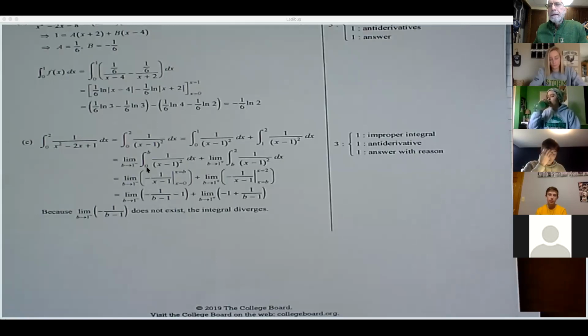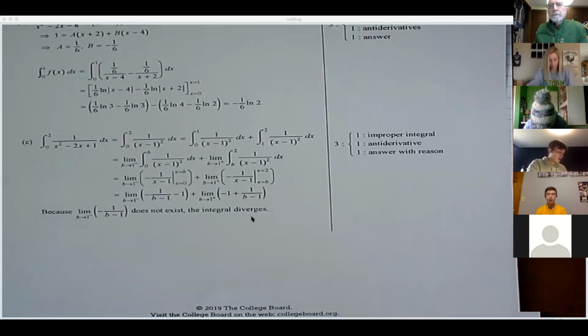Correct, because it's discontinuous at that part. If you didn't get to here, you get 0 points. But if you got to here, you got a point. And then this is the antiderivative, -1 over x minus 1. And then the answer is the limit does not exist. The integral diverges.